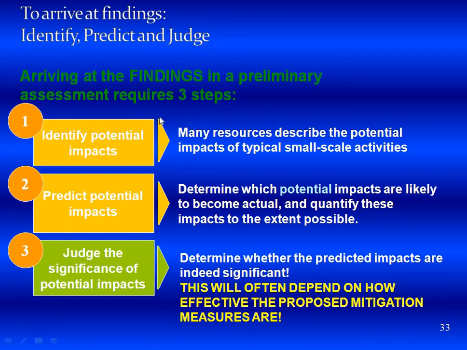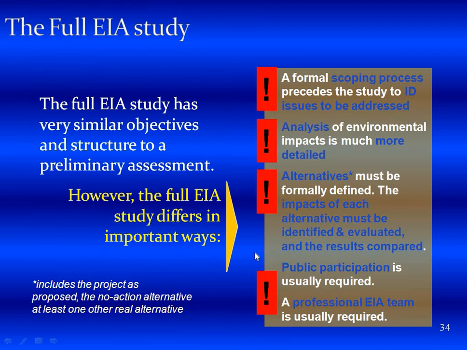So to arrive at any findings, we have 3 steps: identify the impacts, predict the potential of the impacts, and then judge the significance of that. Determine whether the predicted impact is indeed significant. This will often depend on how effective the proposed mitigation measures are, and whether the impact is still significant or not.